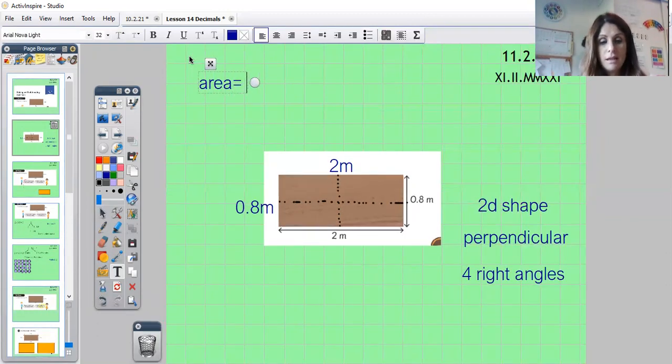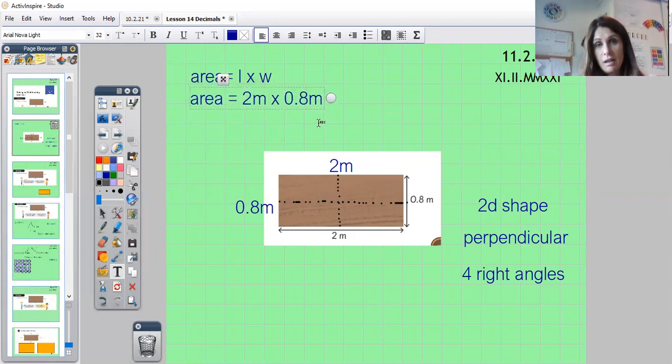Area is length times width. So can we work that out? Well, some of you might be thinking, oh, we haven't done multiplying decimals, so don't worry. If you're not sure, you really don't have to actually work it out, but it's just thinking along those lines and thinking what we could ask. So I'm not asking you to work it out, but hopefully you realise that area is the length times the width.